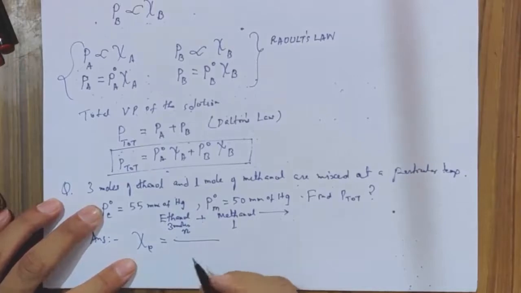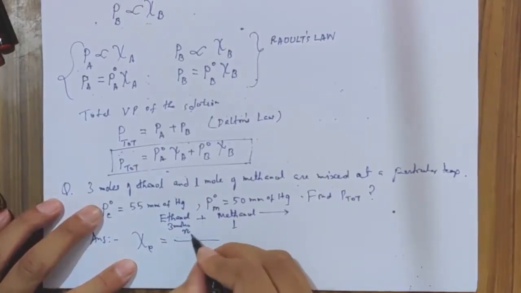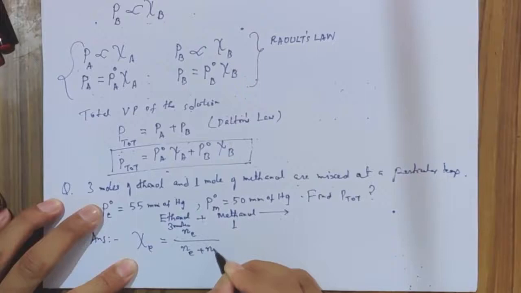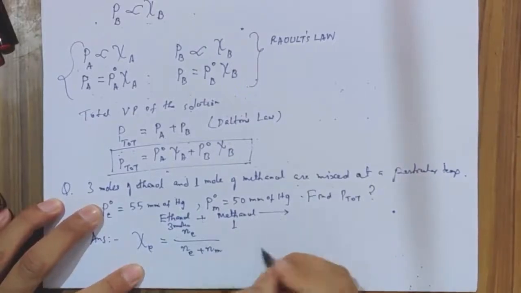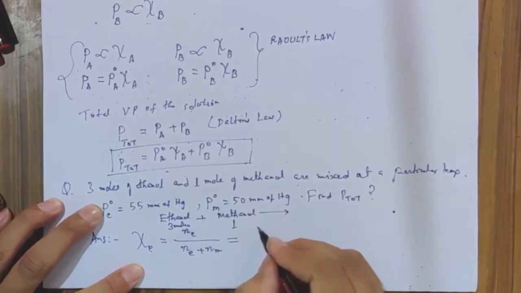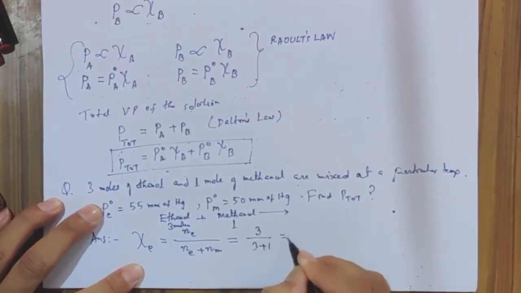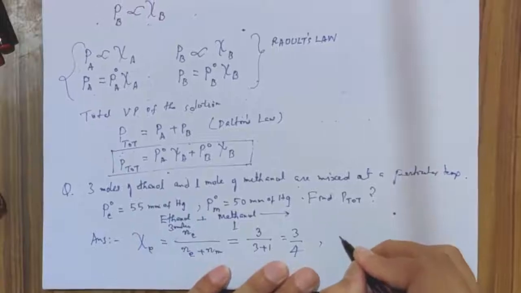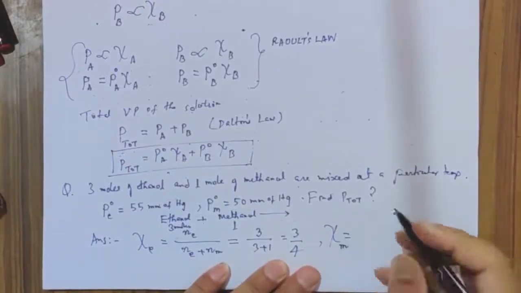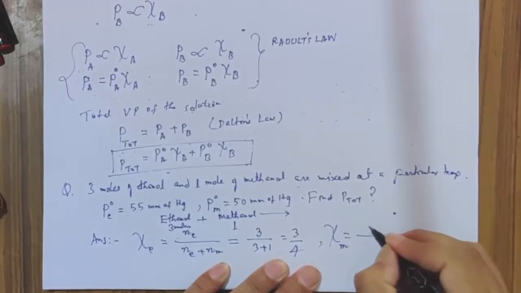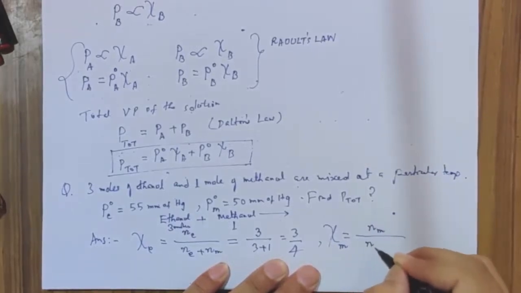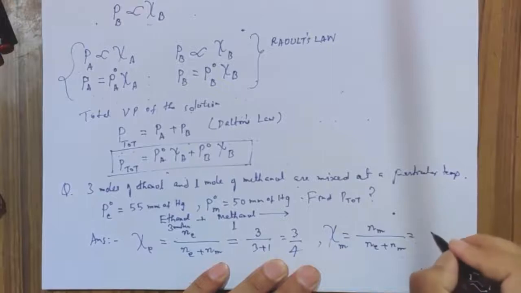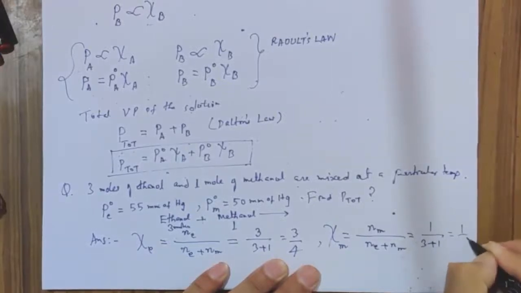Mole fraction of ethanol is the number of moles of ethanol divided by the number of moles of ethanol plus the number of moles of methanol. That is 3 plus 1, so 3 by 4. Mole fraction of methanol is the number of moles of methanol over the total, which is 1 by 4.